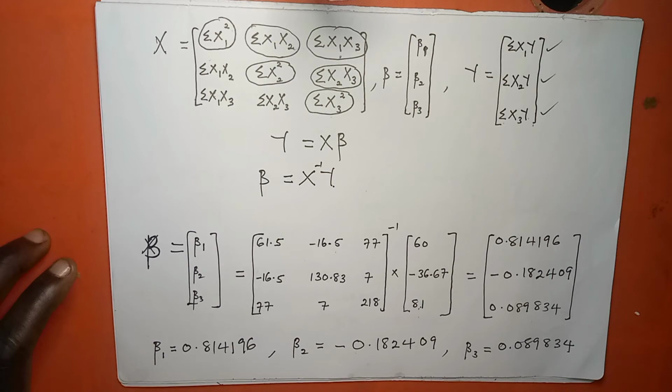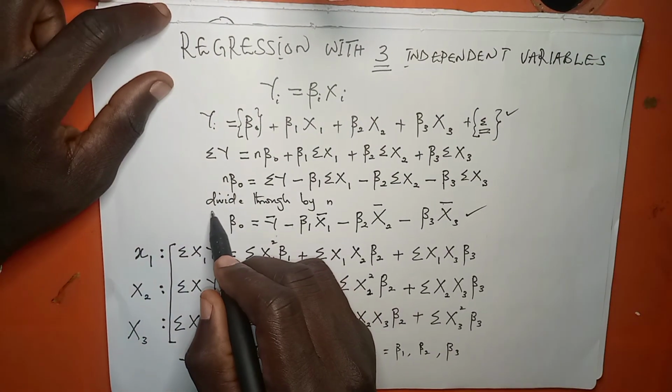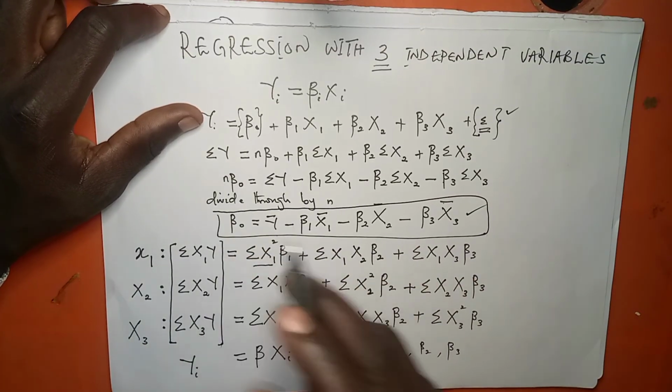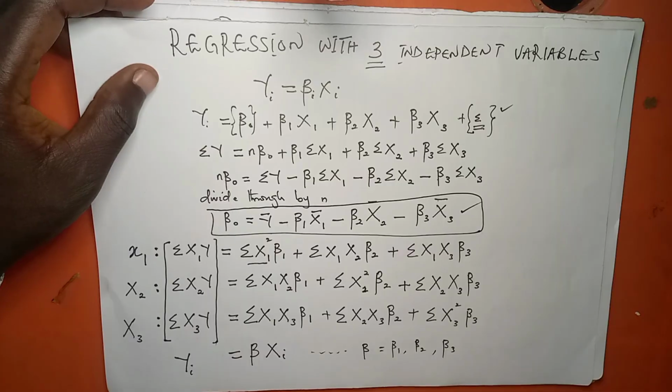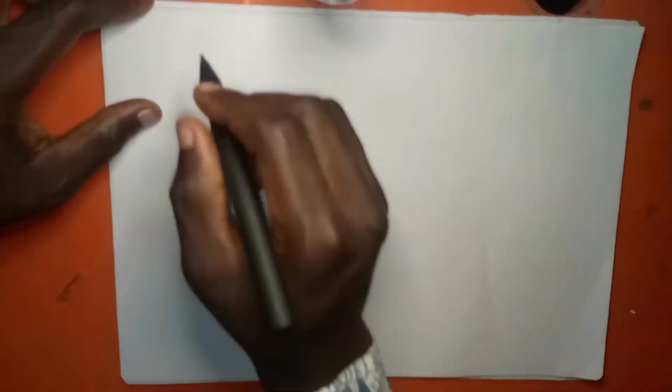Now, we should not forget that we've not calculated our beta naught. We skipped our beta naught from the beginning in order for us to be able to get beta 1, beta 2, beta 3 easily. Now, if you remember from the previous slide, this is the formula we're going to use to get our beta naught. Let me write the formula here.